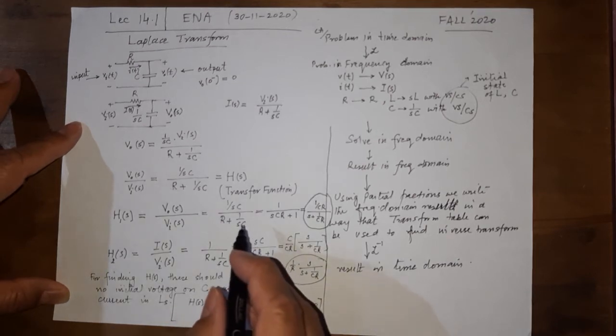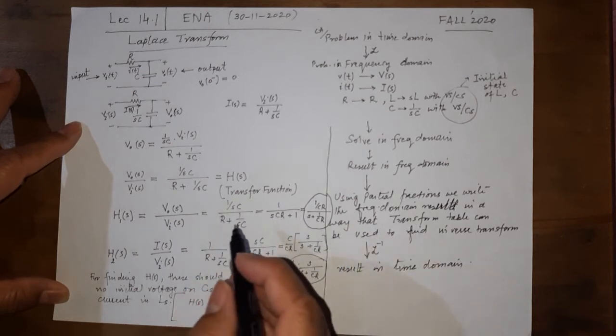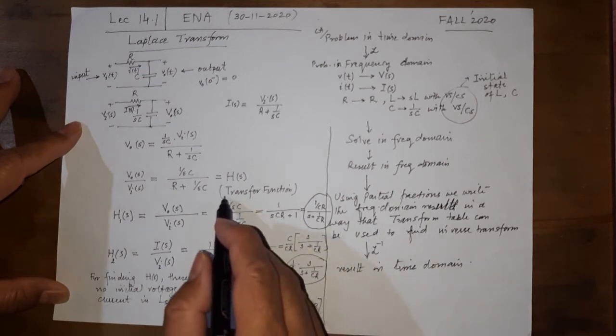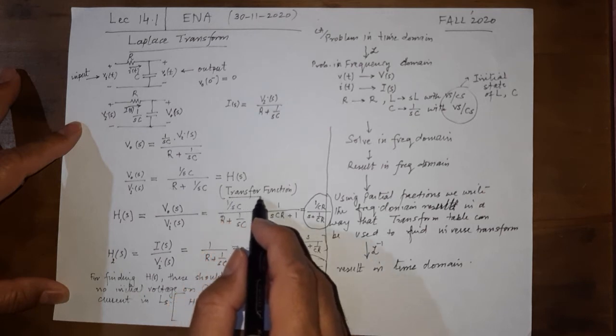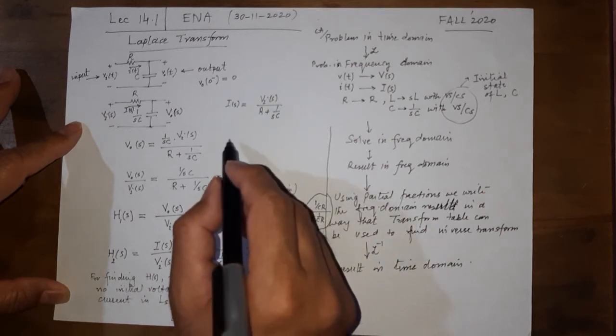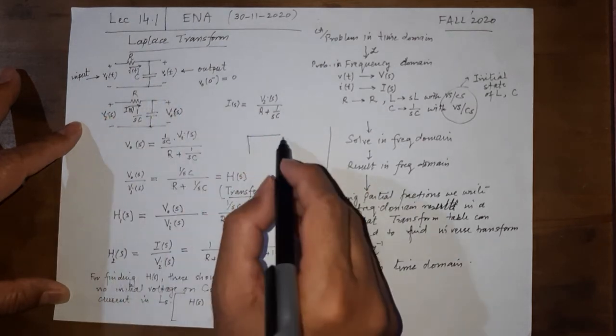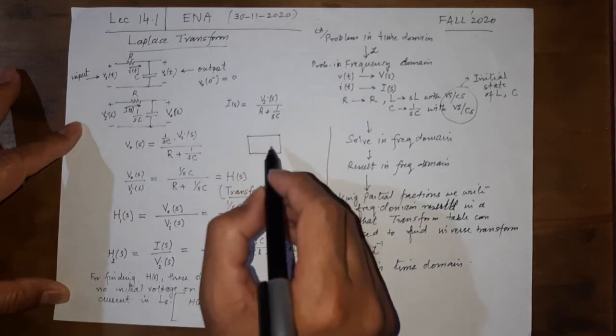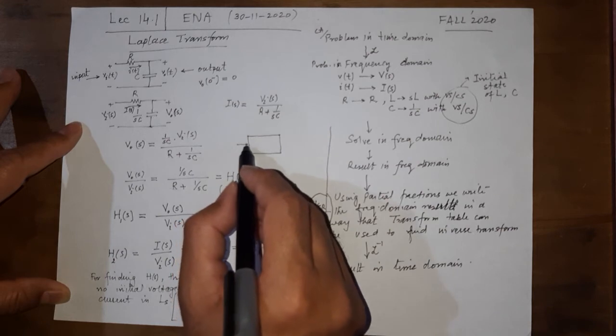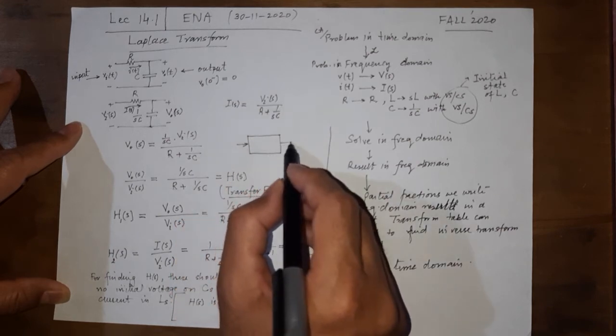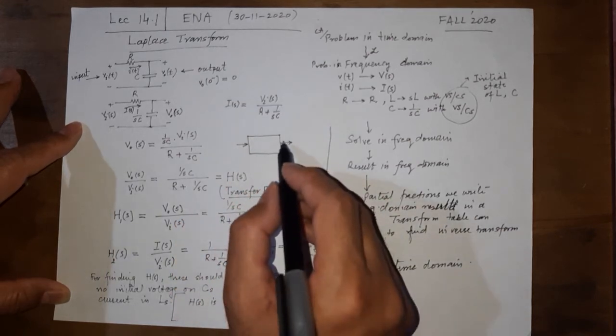So once again, you should know why a transfer function is called a transfer function. It is because we can represent this circuit as a system, as a black box, with an input applied here and an output received on this side.